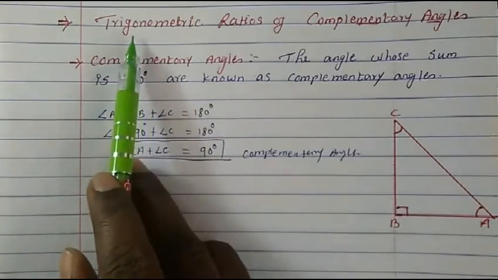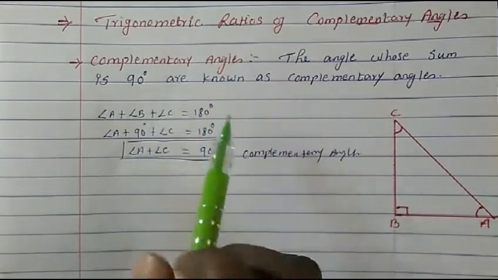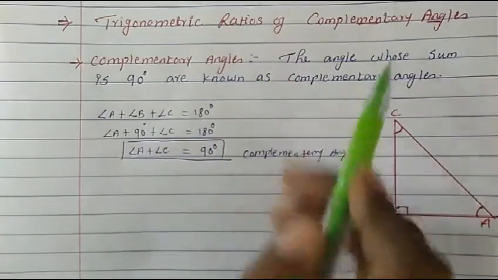Now let's see what trigonometric ratios are, the trigonometric ratios of complementary angles.